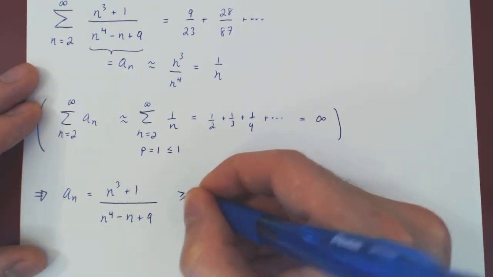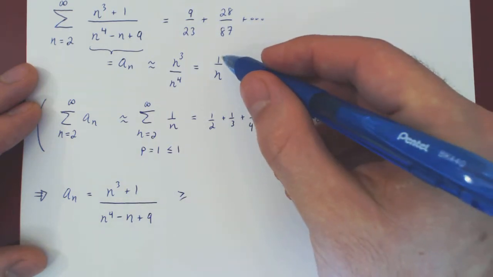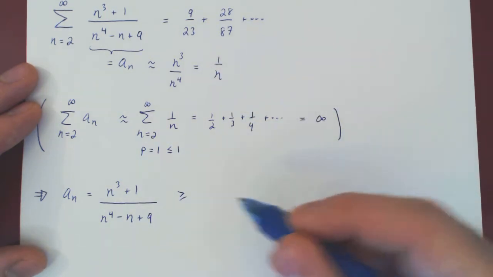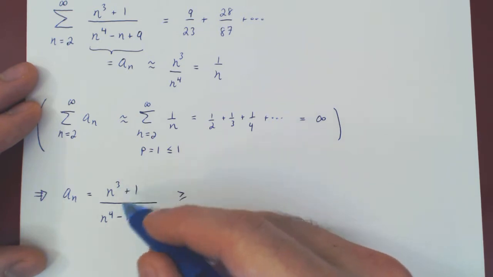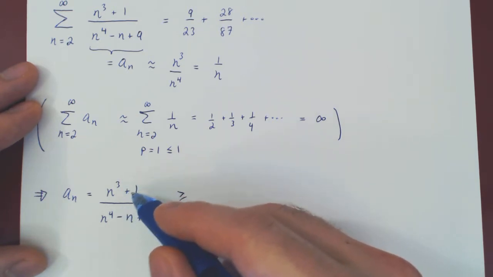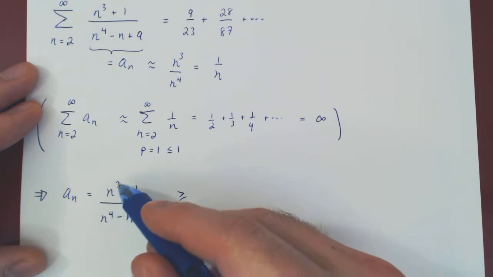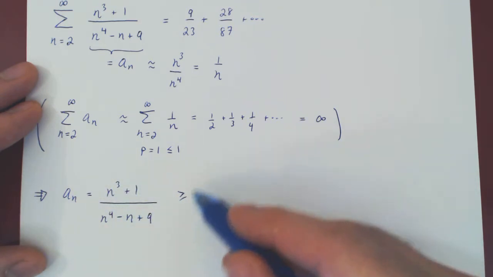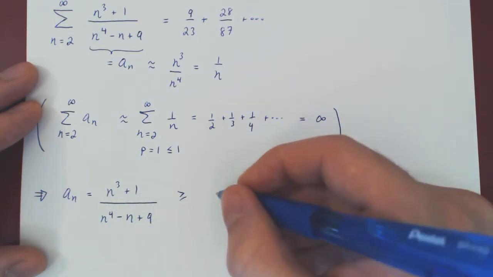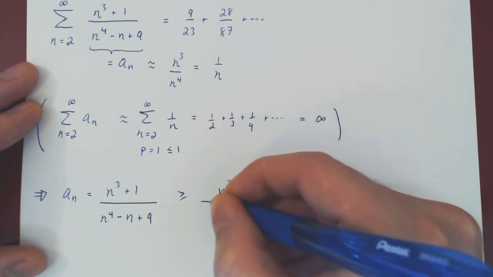So we want to bound a_n below by something that will roughly be 1 over n. Well, let's look at the numerator. If we drop the plus 1, then we're making our numerator smaller, so the whole fraction will be smaller than the original fraction. So this is clearly true.